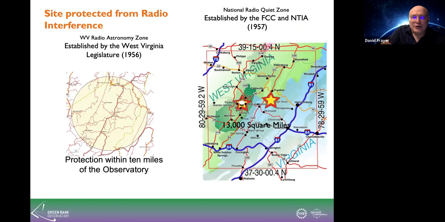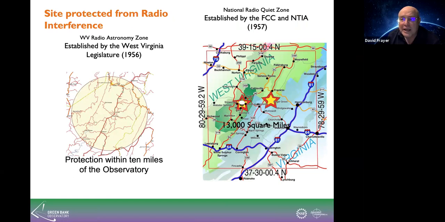So the radio quiet zone is very big. Most people don't know. There's lots of people who live in it and they don't know they live in it. But it doesn't mean you don't have cell phones anywhere in this area. It just means we restrict the ability to put up transmitters such that it will interfere with the telescope. I have a cell phone.